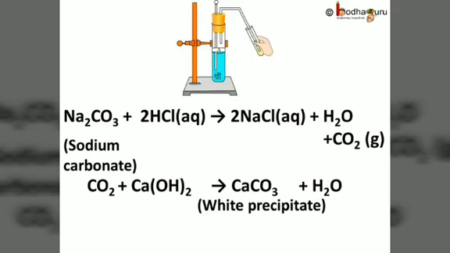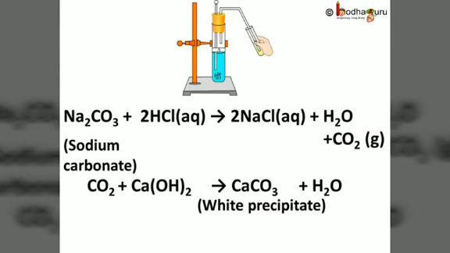This chemical reaction in the first test tube is represented as Na2CO3, which is sodium carbonate, plus 2 HCl gives 2 NaCl plus H2O plus CO2. Now the produced carbon dioxide reacts with lime water to give calcium carbonate and water.